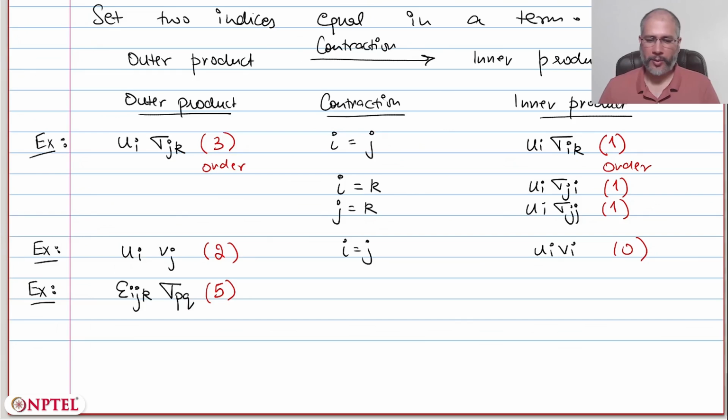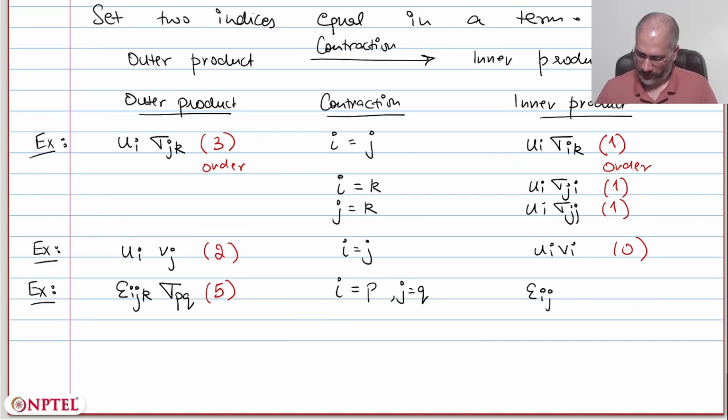Now what I want to demonstrate to you is that we can apply two contractions at the same time to generate an inner product out of an outer product. So let's do that. Let's apply i equals p and j equals q.